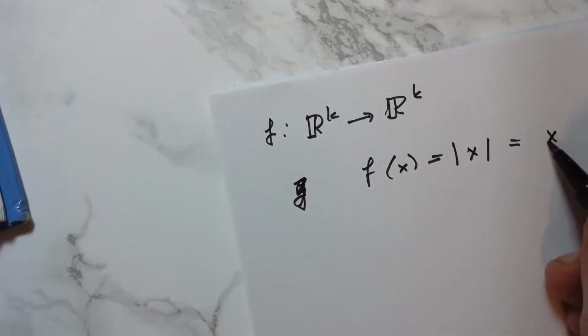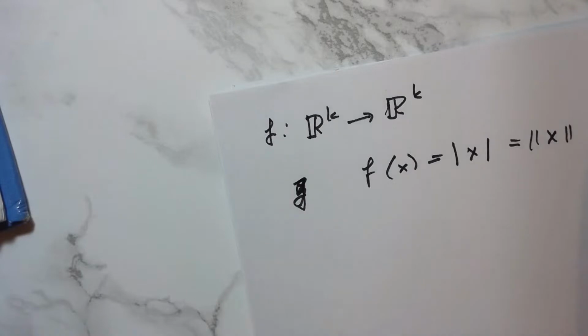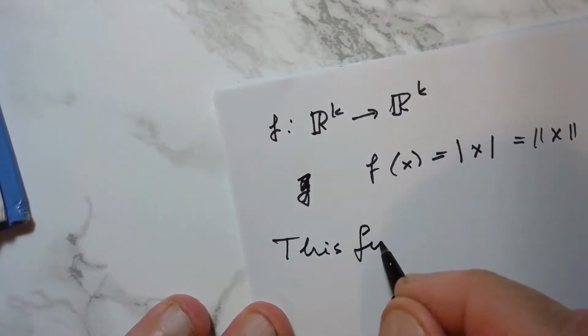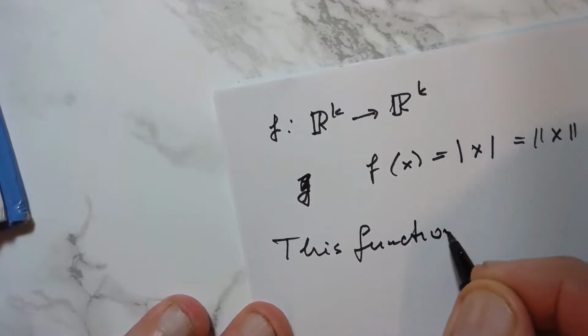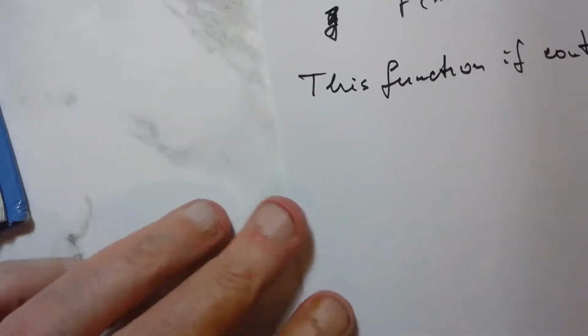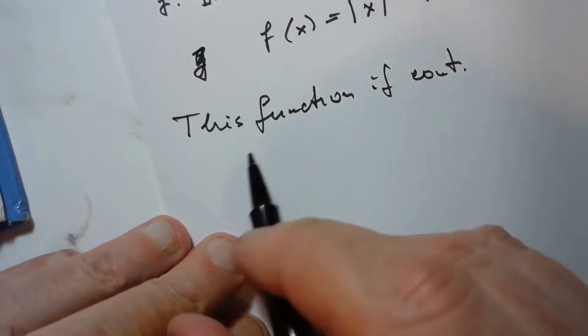That's the way Rudin writes it. I like to write it this way. And so I claim that this function is continuous. Well, to verify it, what do I have to do?